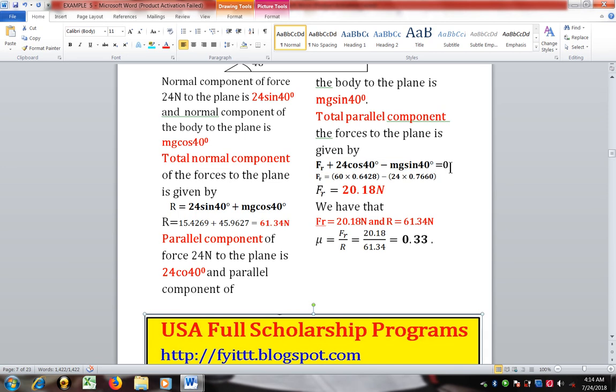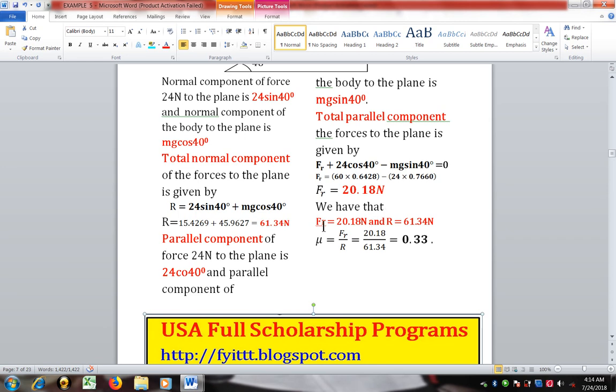Now if we resolve, we have our Fr to be equal to mg sin 40, that's 60 sin 40, minus 24 cos 40, and we get 20.18. So that is the frictional force.